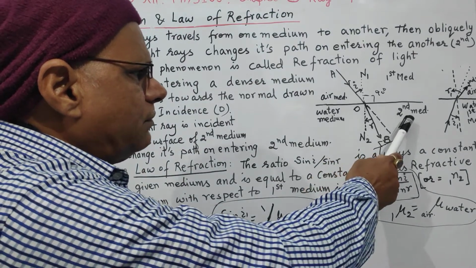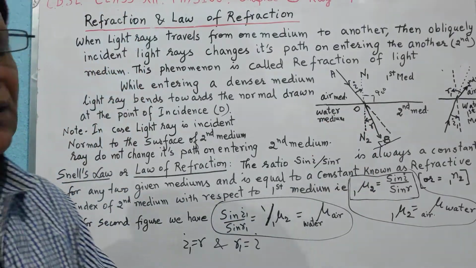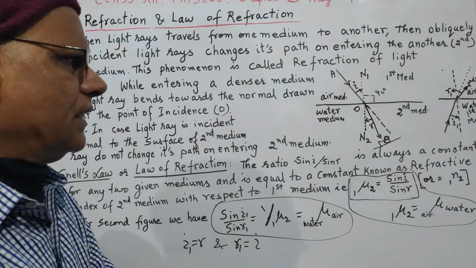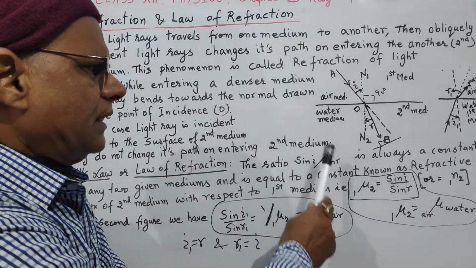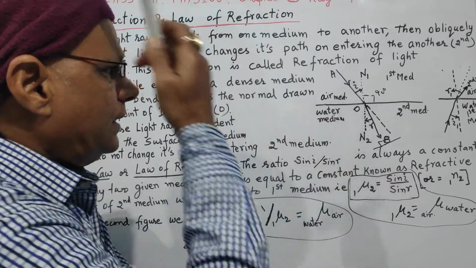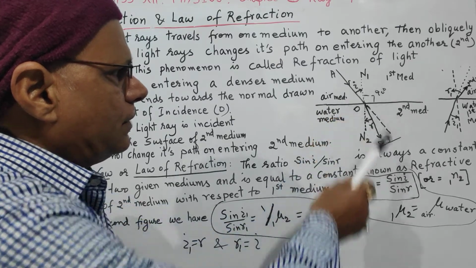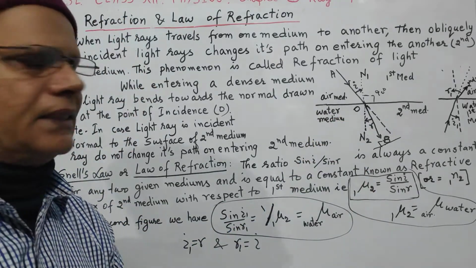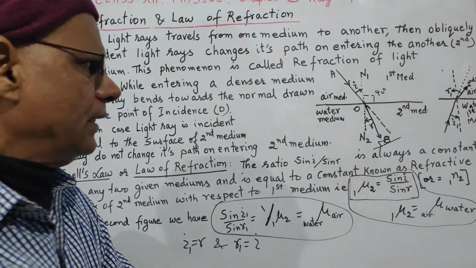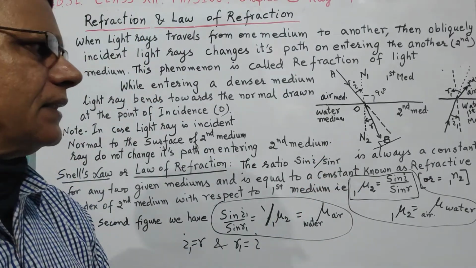If we call water the second medium and air the first medium, then the law which governs refraction of light, known as Snell's law, states that the sine of the angle of incidence, what is angle of incidence? You see, the incident ray AO, whatever angle it makes with the normal is known as the angle of incidence, and the refracted ray OB, whatever angle it makes with the normal ON2 is known as the angle of refraction.